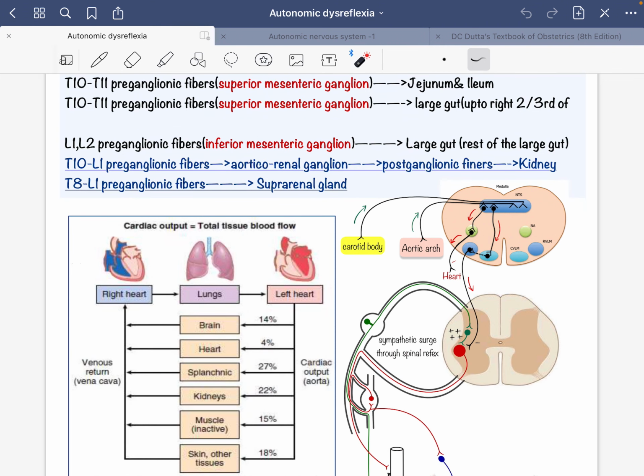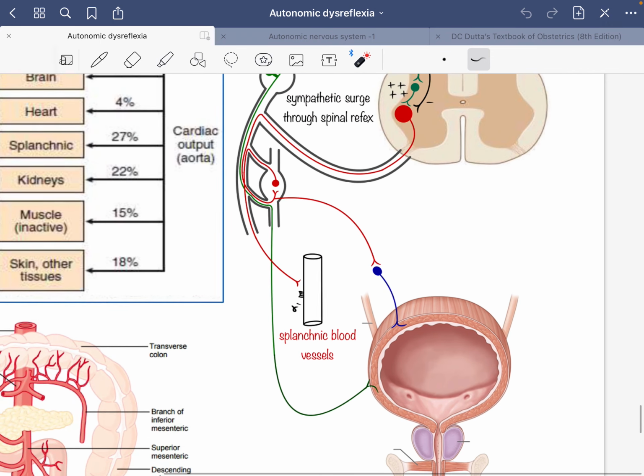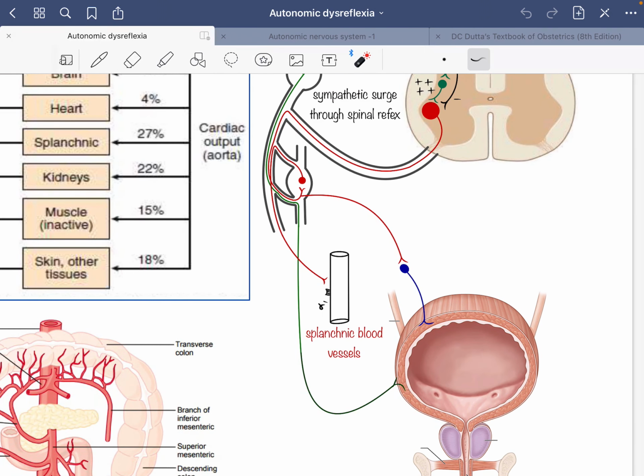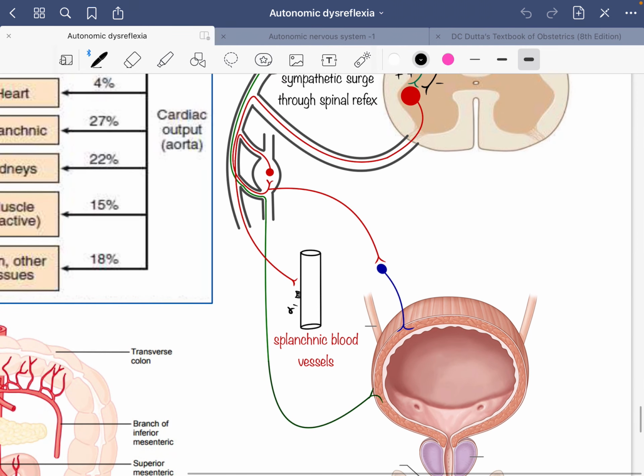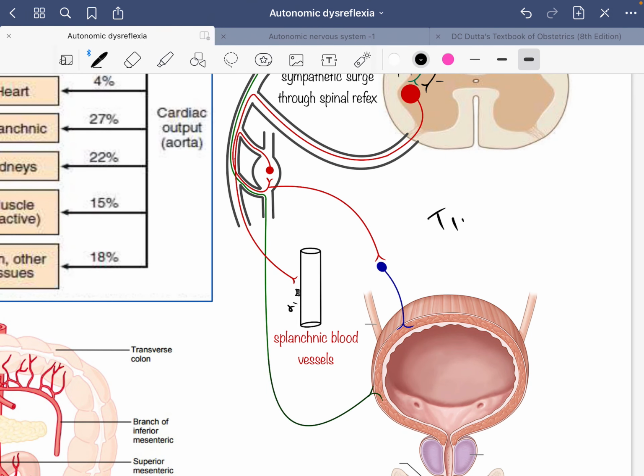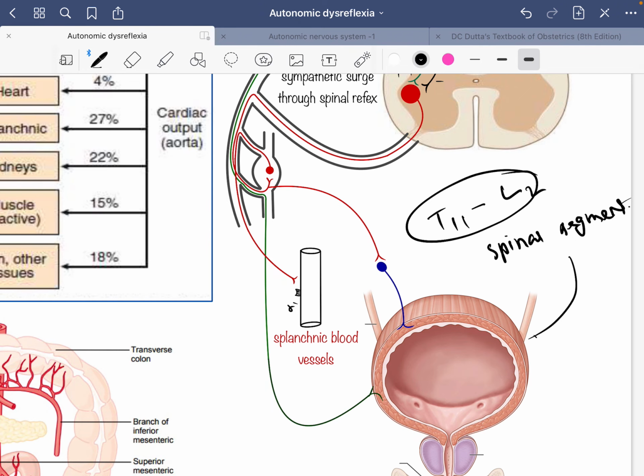All of us know that the urinary bladder is supplied by the T11 to L2 sympathetic nervous system. That means the T11 to L2 spinal segments supply our urinary bladder.